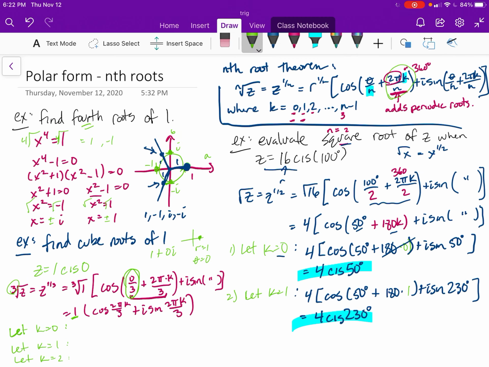Okay, one of the roots is just cis 0. Right, I plugged in 0 for k. Now I plug in 1 for k, so the second root is going to be cis 2 pi over 3. Right, k is 1. The third root, plug in 2 for k, I have 2 pi times 2 is 4 pi over 3.